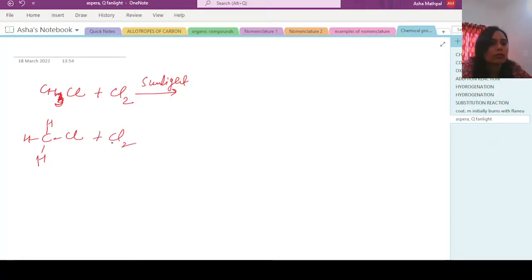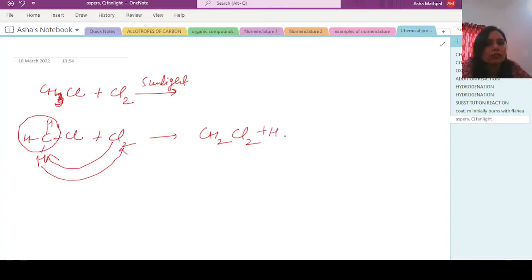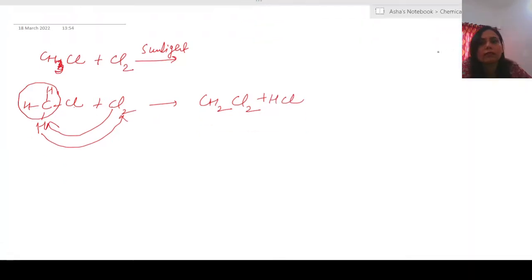Now from this Cl2, one more Cl will kick this H out and take its place, and this H will combine with this Cl. So we will get CH2Cl2 plus HCl. Now the name will become dichloromethane, because it is a single carbon compound and there are 2 chlorine atoms.